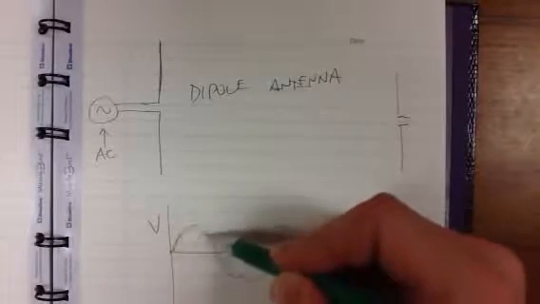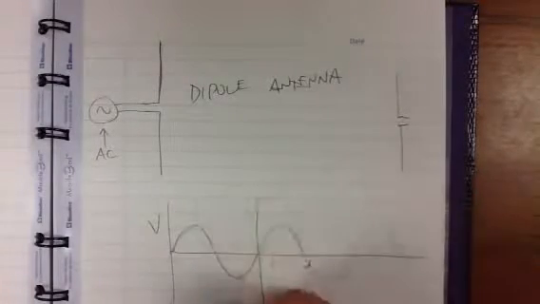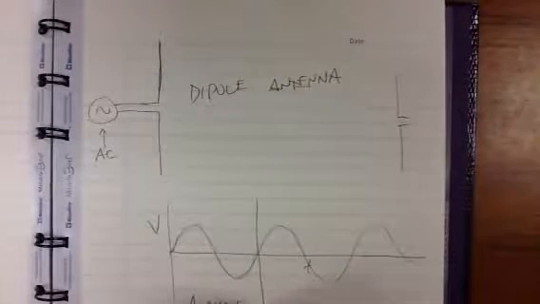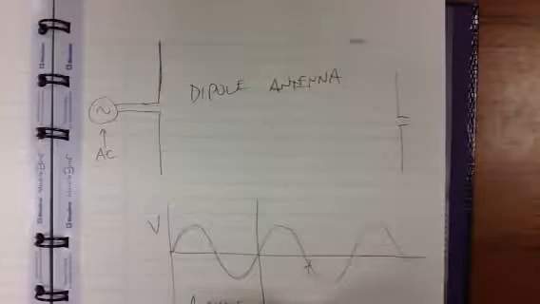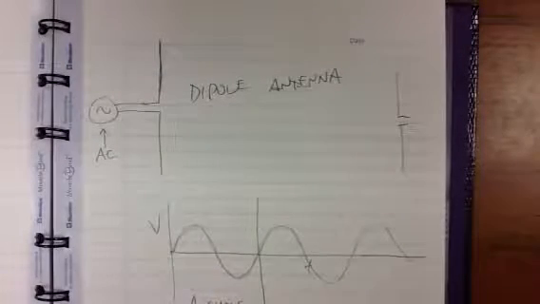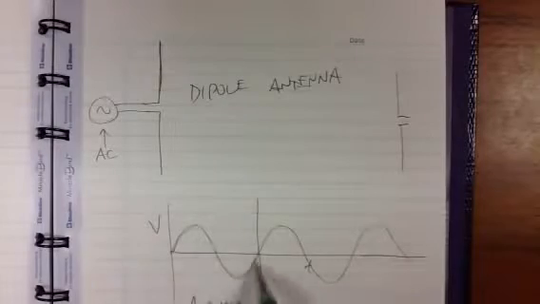And you know that this is one cycle, or one wave. We can say one wavelength, kind of. It'll travel one wavelength in the time it takes for one cycle to take place.